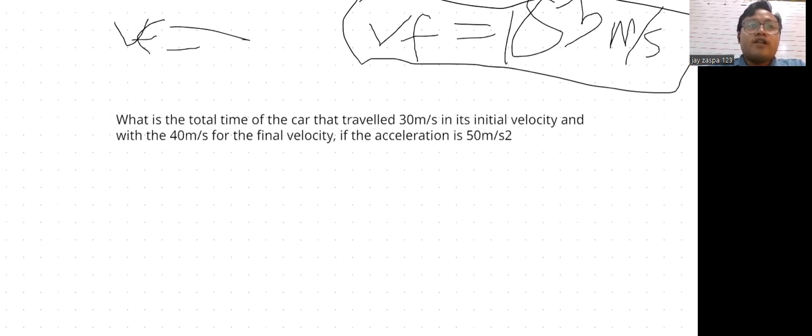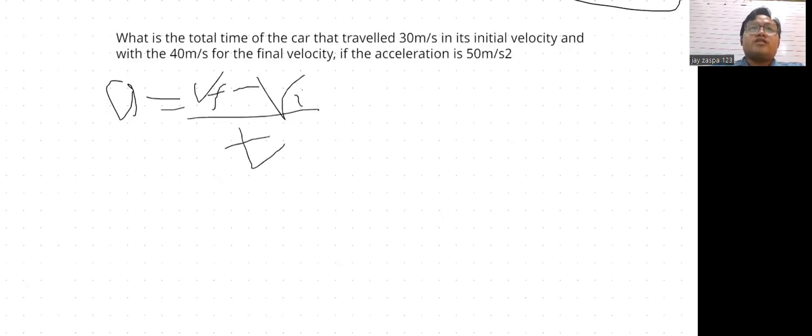First, you write the original formula, which is this one. Acceleration is equal to velocity final minus velocity initial divided by the time. You're going to follow this formula or derive the formula.